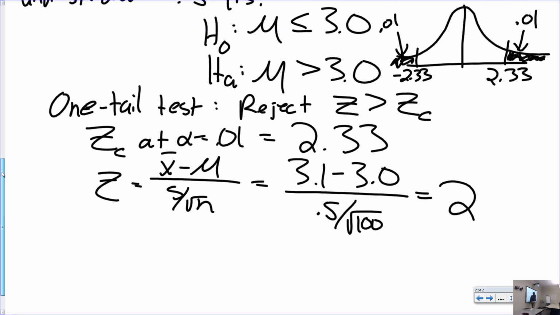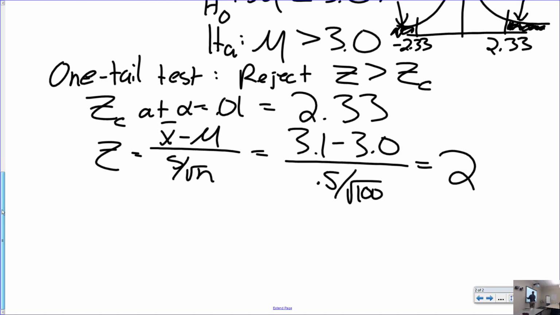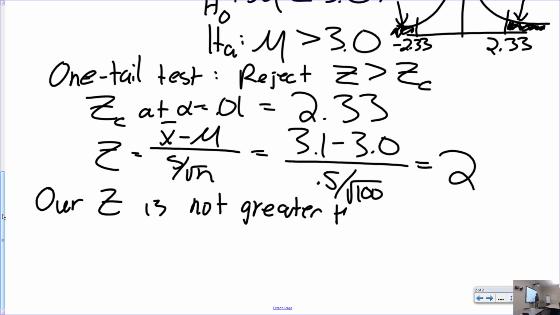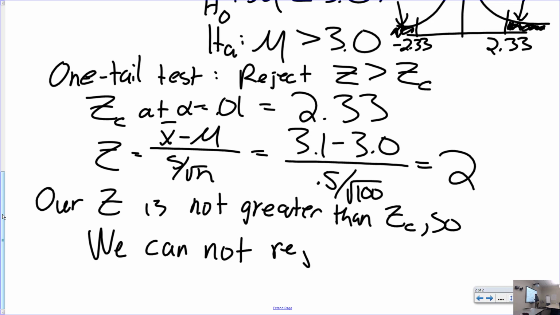Note, is our z greater than our z critical? It's less than, so we can't reject. Our z is not greater than z crit, so we cannot reject our null hypothesis.